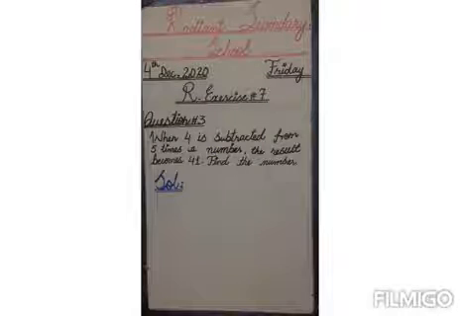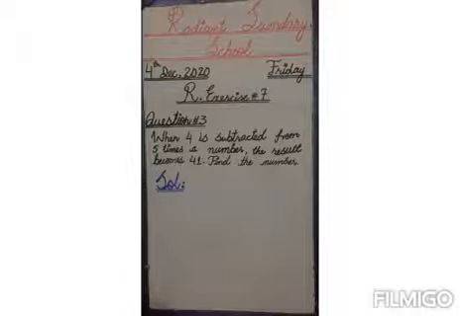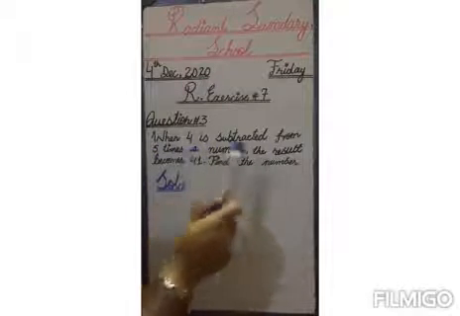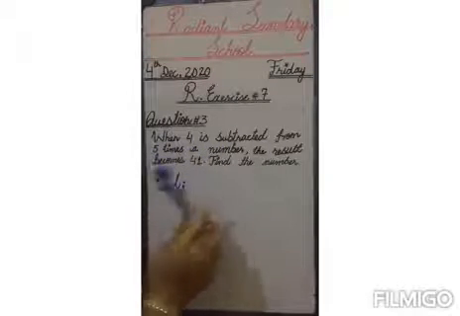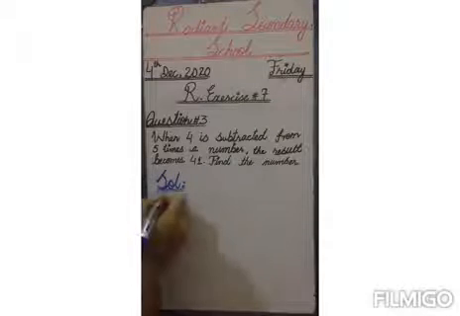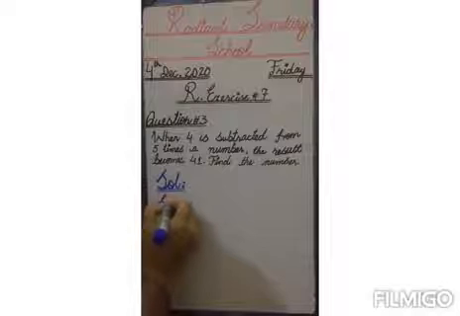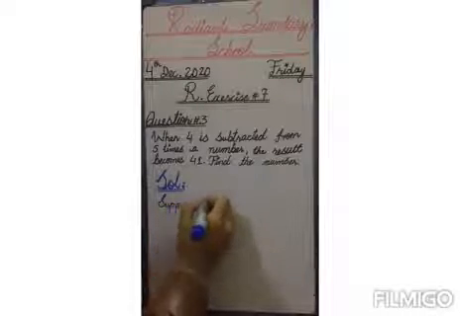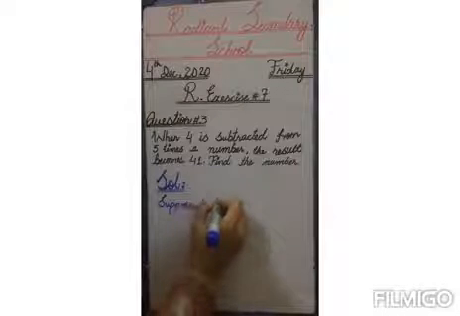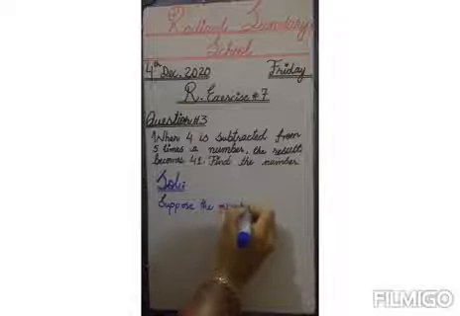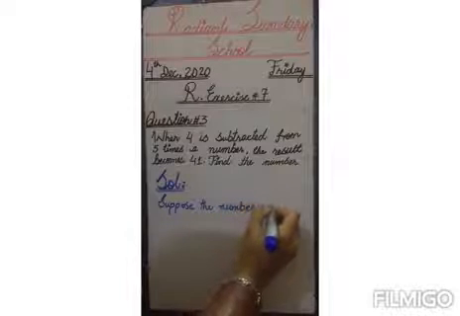Now class, let's start question number 3 of review exercise 7. Question number 3 is, when 4 is subtracted from 5 times a number, the result becomes 41. Find the number. So we have to suppose that the number is x. We will write, suppose the number is equal to x.